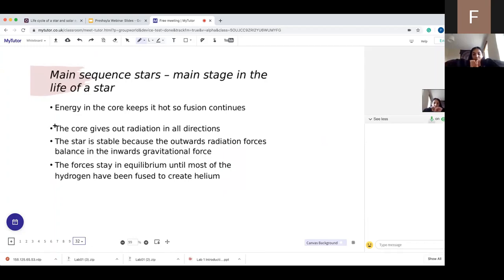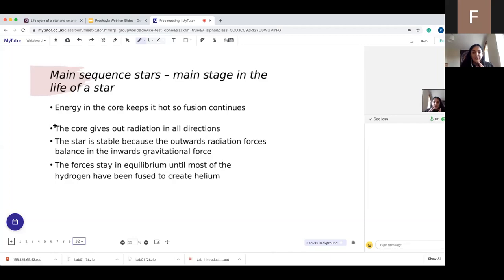Okay, so that's a force coming from the inside and pushing outwards. So we have a force pushing outwards, but we also have a force pushing inwards, which is the gravitational force. So we have radiation coming inside out, and we have gravitational coming outside in.